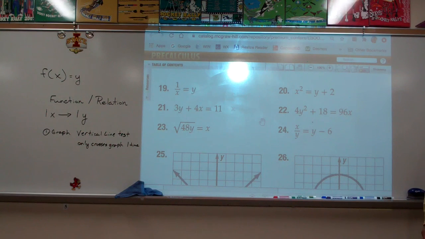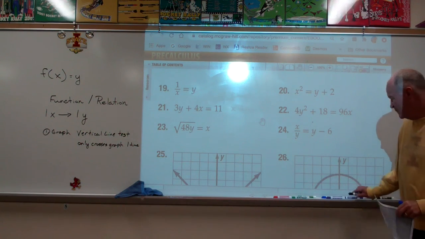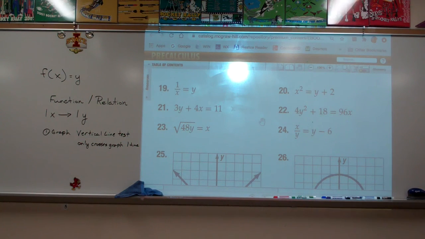We got to decide whether they're functions or not. This can be a little challenging, but I got a couple shortcuts for you. These are on page 9, numbers 19 through 24.